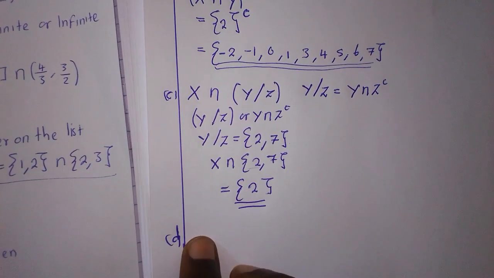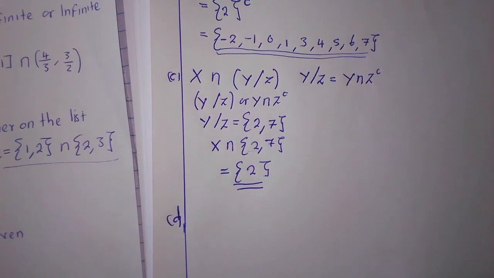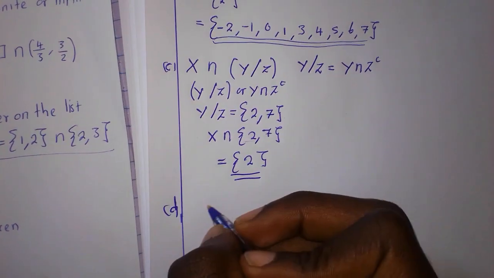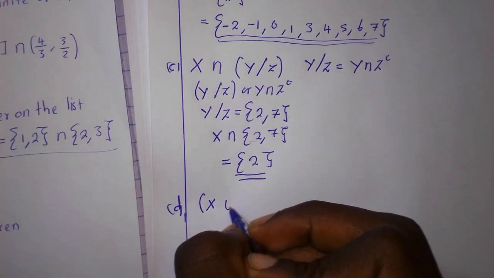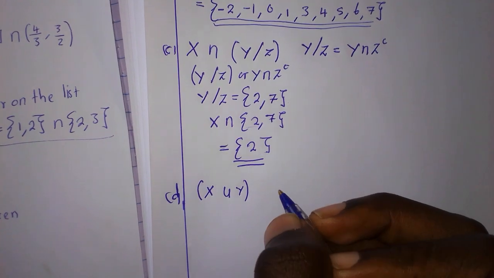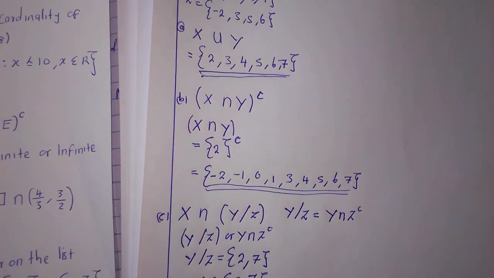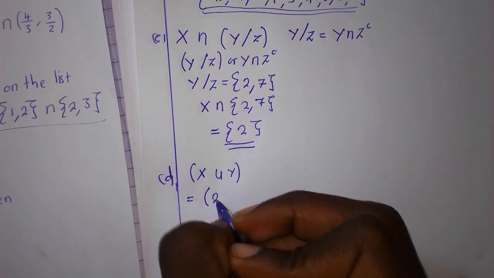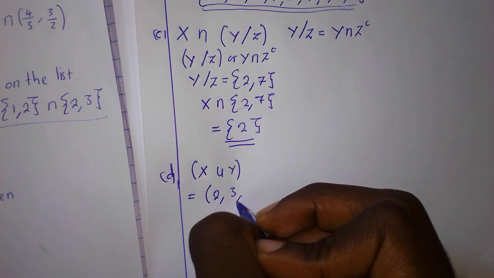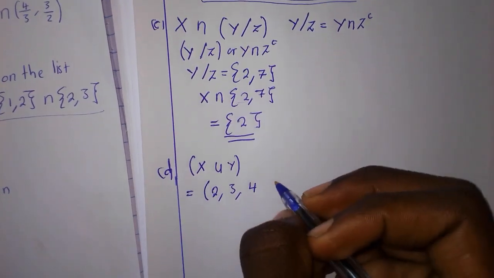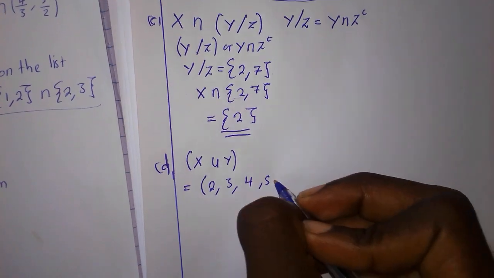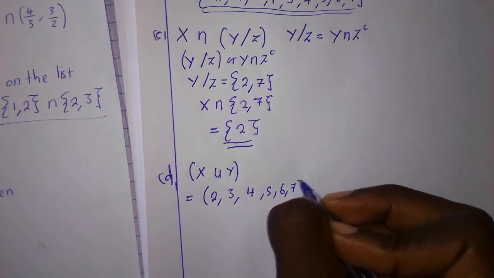Now D is simply saying we find the cardinality of X union Y. Now X union Y we had already listed in the first place. It's here. X union Y, we had the 2, we had the 3, we had the 4, we had the 5, we had the 6, and the 7.